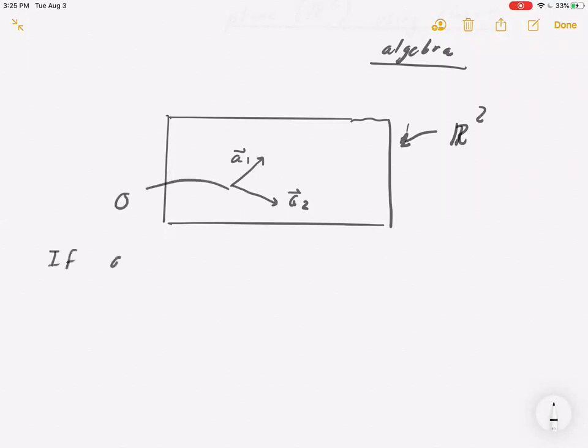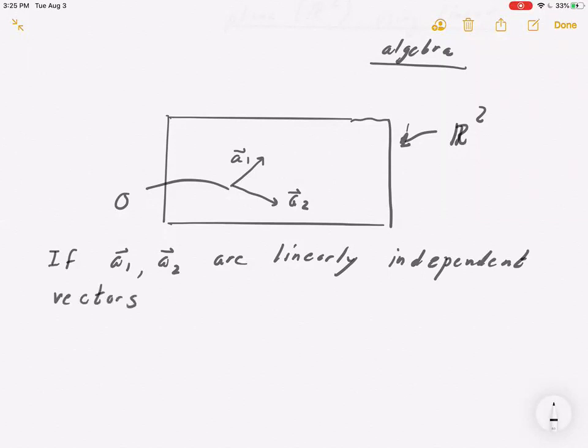So if A1 and A2 are in fact linearly independent vectors, then they span a plane, the set of all points in 2 dimensions.